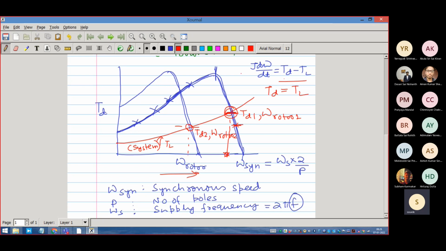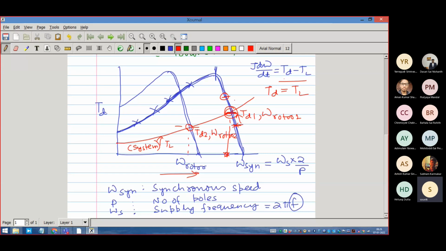Therefore d omega by dt is negative, so it will try to bring it back in this direction. If for some reason the speed reduces, that means it shifts to this point, then the torque developed is more. Therefore it would come back again to this operating point. So this is a stable operating region of the machine.